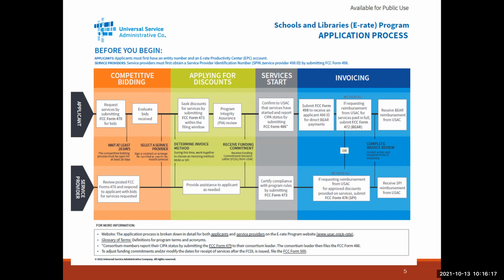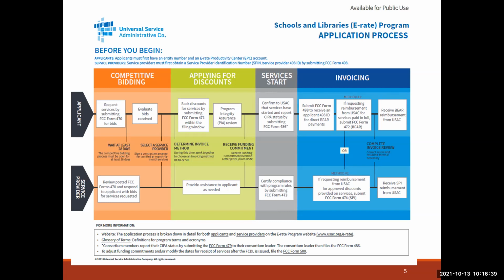Once you get your services, then you have two options for getting the E-rate discounts. One option is to ask your service provider to only bill you for the portion that you're responsible for paying, and would reflect the E-rate discount funding as a credit.